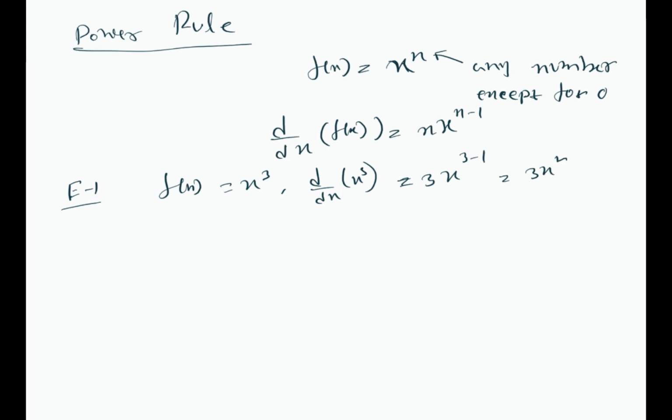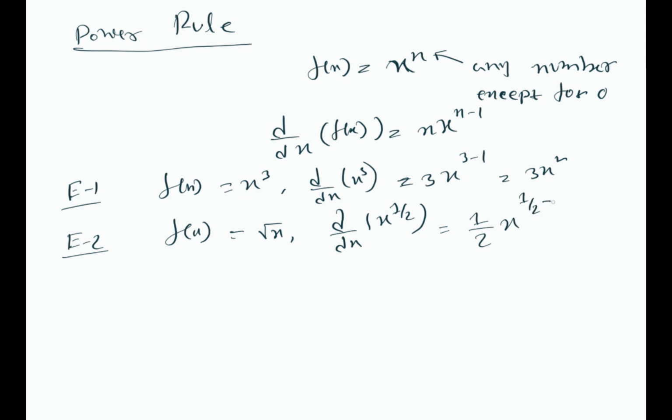Example 2: we have the function square root of x. We can write square root of x as x to the power half. The derivative of this function would be, first we need to write the power, so half x to the power half minus 1.